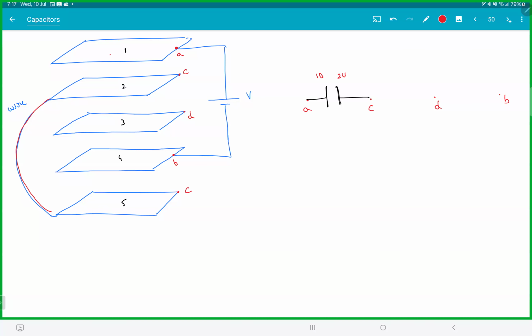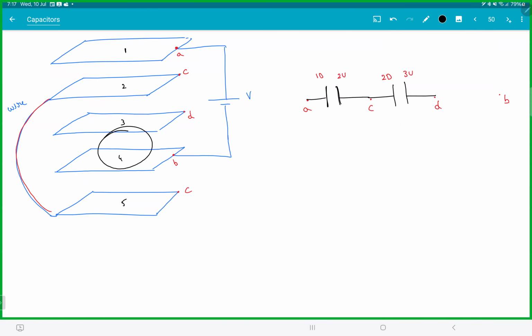So this first capacitor is constructed by first plate ka downside and the second plate ka upside. The second capacitor is between C and D. This is constructed by second plate ka downside and third plate ka upside. So you need to specify each one because you want charge on each face.